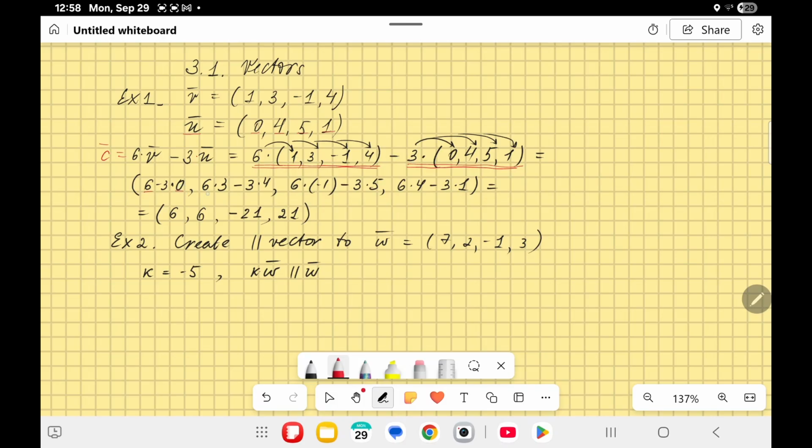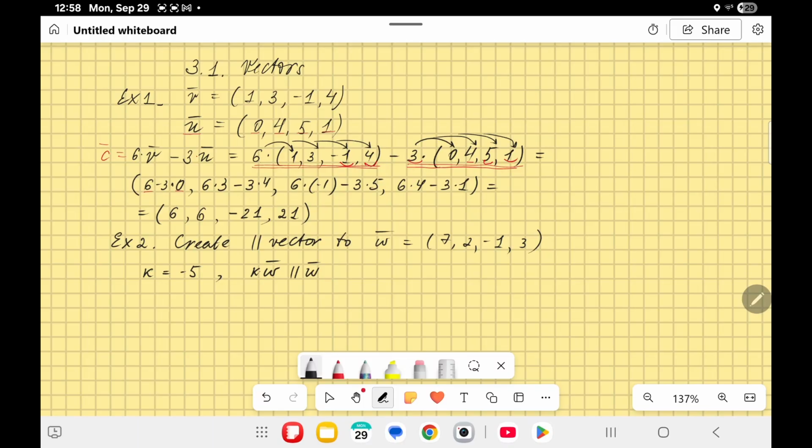And then 6 multiplied by 3 minus 3 multiplied by 4. 6 multiplied by negative 1 minus 3 multiplied by 5. And 6 multiplied by 4, minus 3 multiplied by 1. And after that, just calculate the numbers, do addition, and that's going to be the result. Okay? So not very complicated. Let's move to our second example.